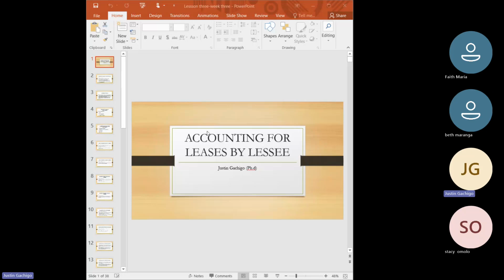Now, from the framework perspective, accounting for leases is normally guided by FRS number 16, but previously it was guided by IAS number 17. Because of some developments which we are going to see later in this topic, that change was necessitated.